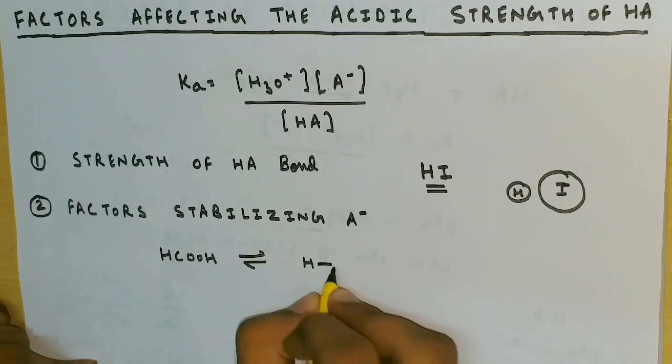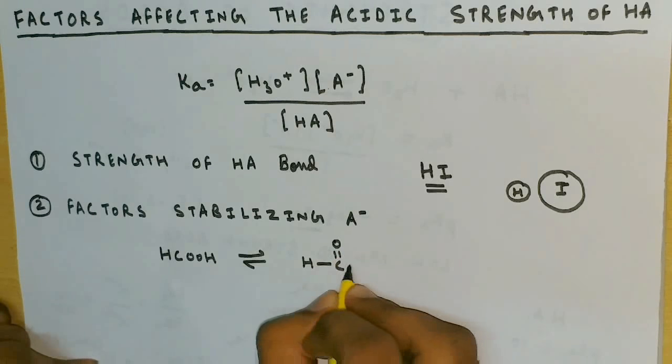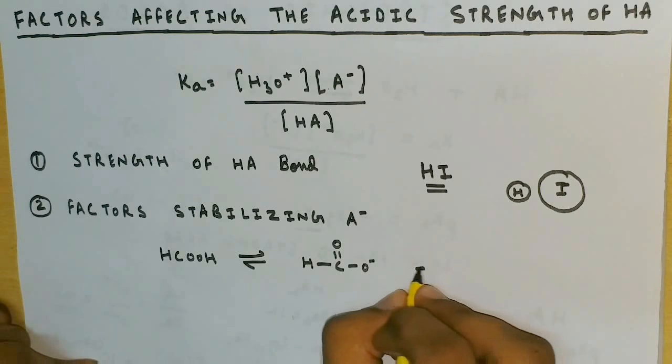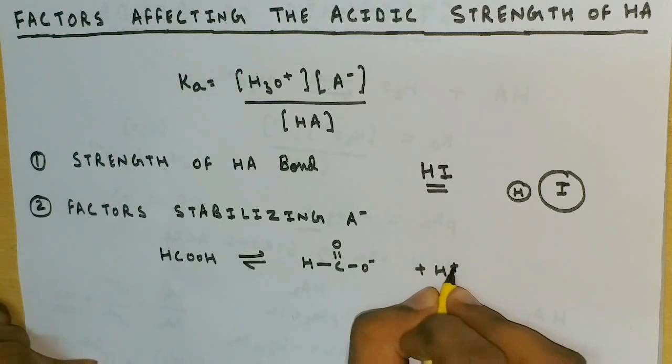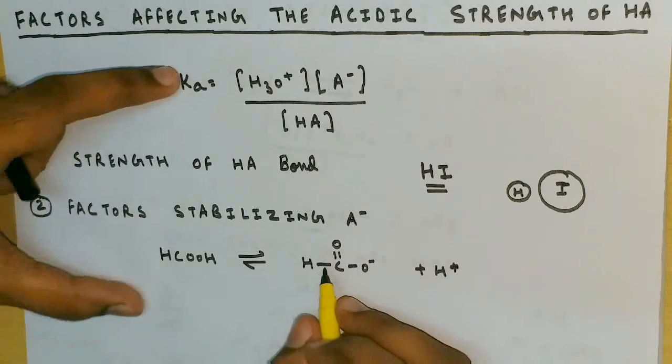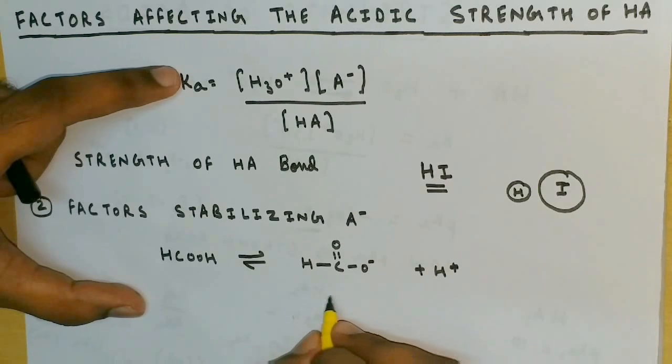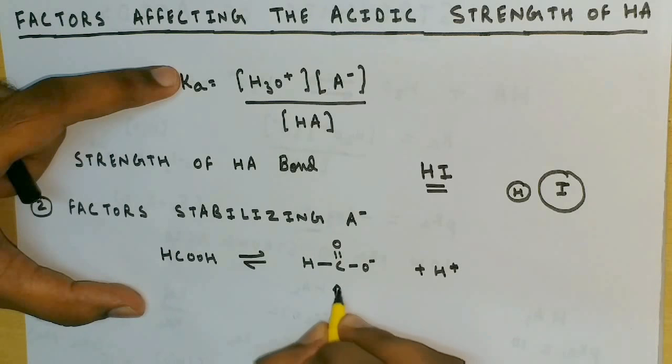This is the structure of formate anion, and this is the proton released. The formate anion is stabilized by resonance.